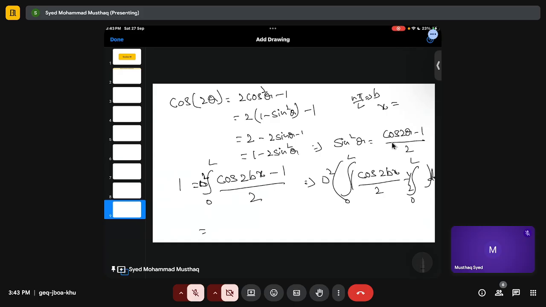So what is cos 2 theta? I hope, oh, I made a mistake, my bad. It is not cos 2 theta minus 1. It is 1 minus cos 2 theta.